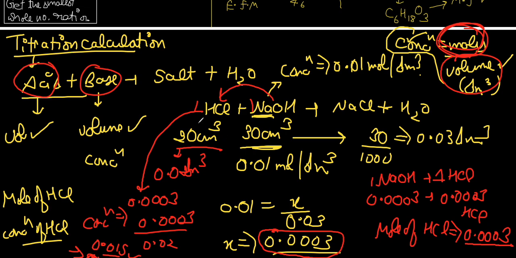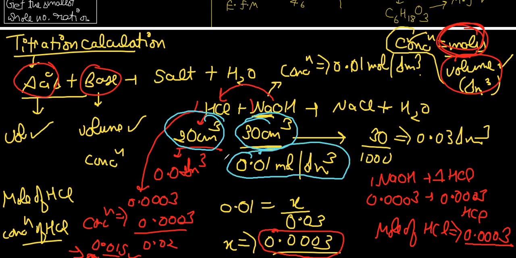So in the question, we were given 20 centimeter cube of HCl and we were given 30 centimeter cube of NaOH as well. The concentration of NaOH was given, which was 0.01 moles per dm cube. So first what I did is I calculated the moles of NaOH using the formula that concentration is equal to moles by volume, and volume should be in dm cube.